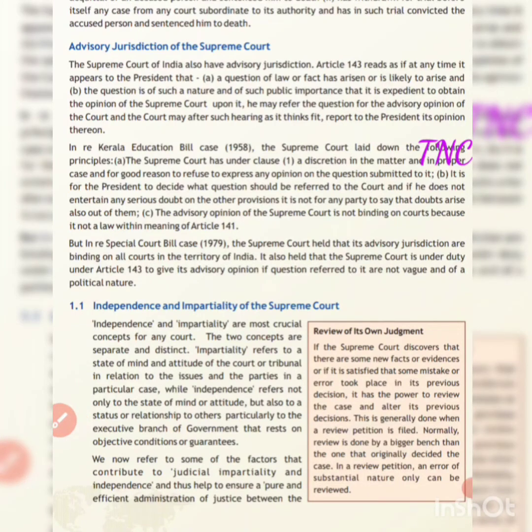In the Special Courts Bill case, the Supreme Court held that its advisory opinions are binding on all courts in the territory of India. It also held that the Supreme Court is under a duty under Article 143 to give its advisory opinion if the questions referred to it are not vague and not of a political nature.